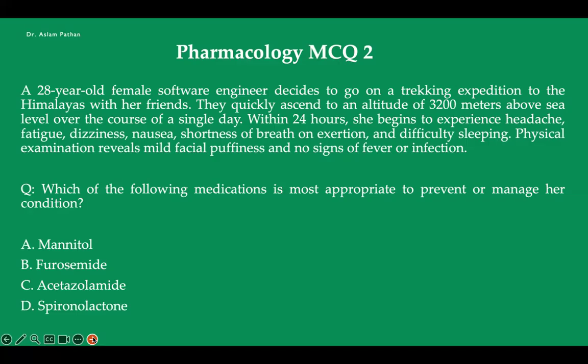Fourth one is spironolactone, which is a potassium-sparing diuretic. And the last one, fifth one, is hydrochlorothiazide, which is a thiazide diuretic. So here, all the options are diuretics.